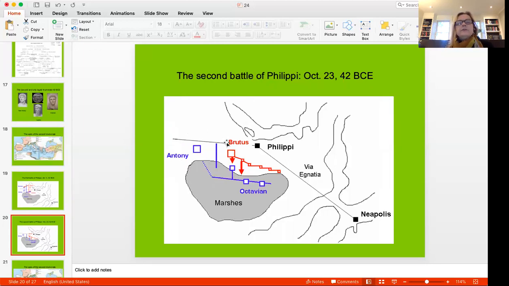And after this battle, Brutus also committed suicide. And so the two head figures of the conspiracy against Caesar to kill him were now essentially done for.